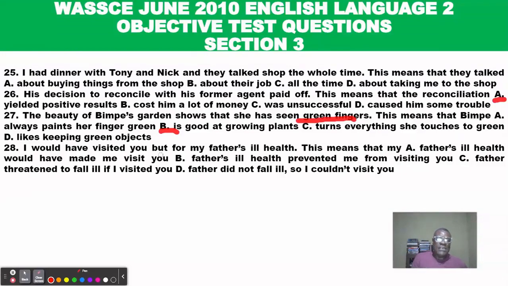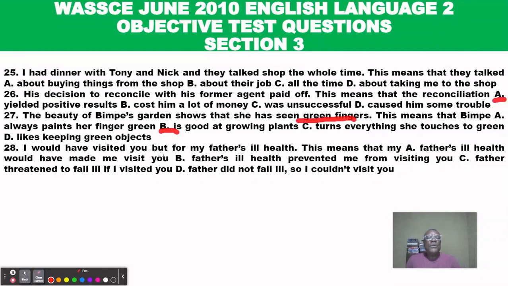But for means except for my father's ill health, or if not, which actually means that I would have visited you, but I couldn't make it because my father was ill. That's just what it means.